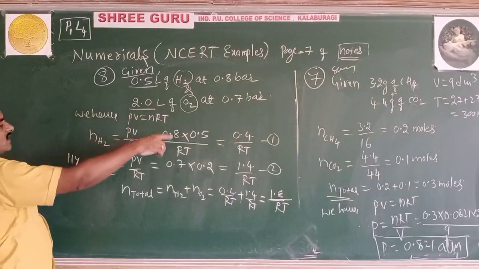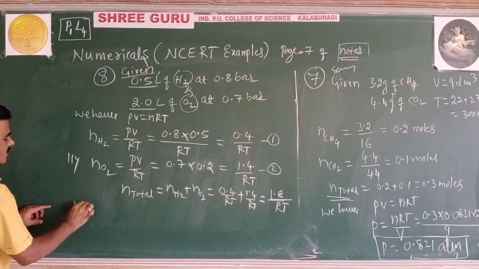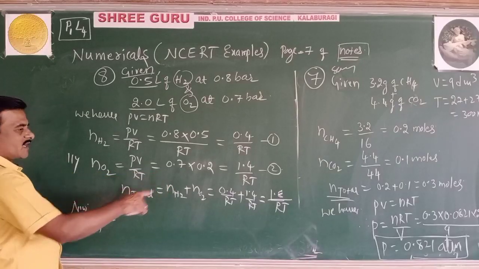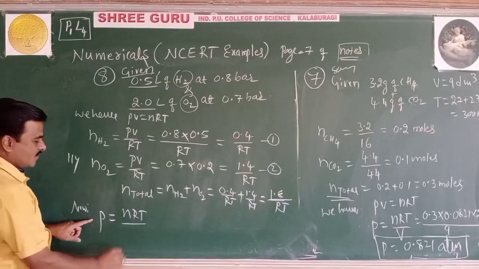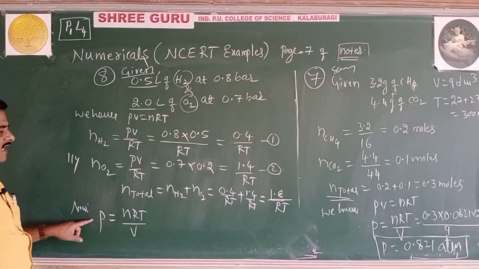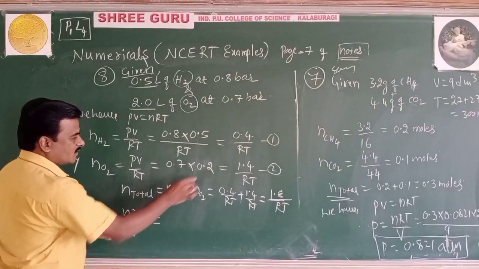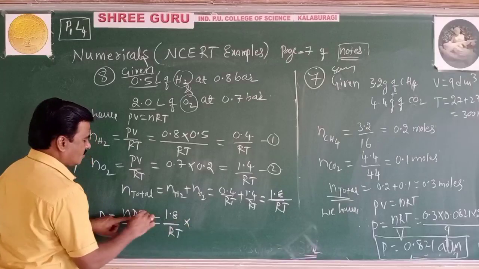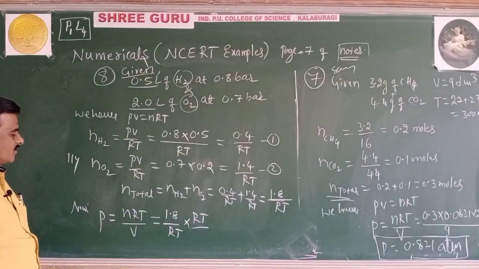So what is the pressure? Since PV equals nRT, P equals nRT by V. What is the n value? 1.8 by RT into RT divided by volume. What is the volume?